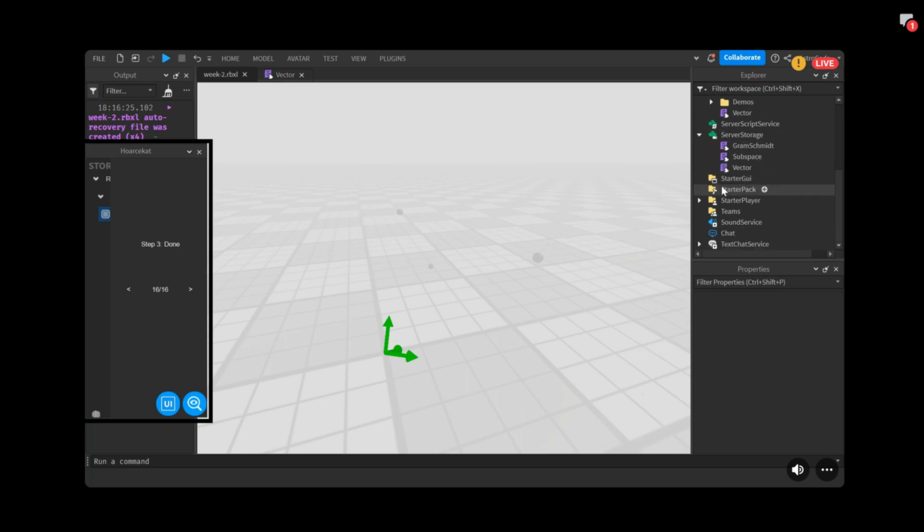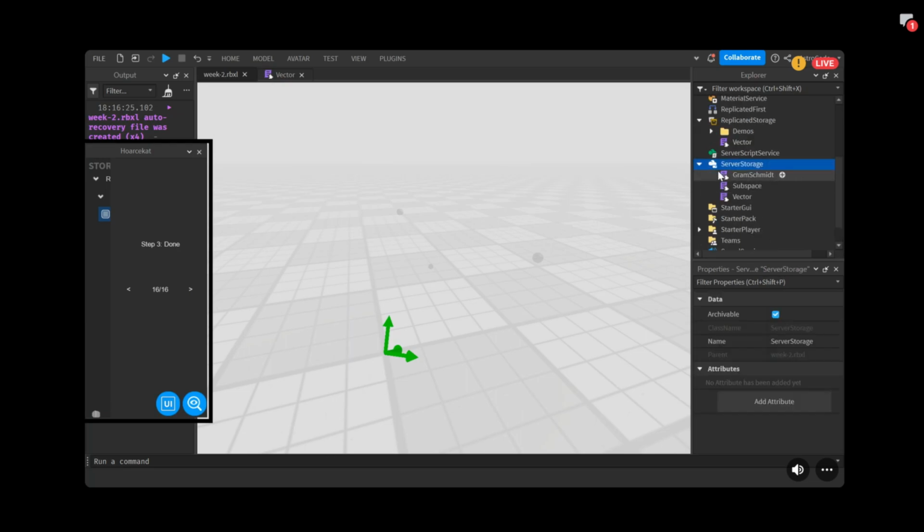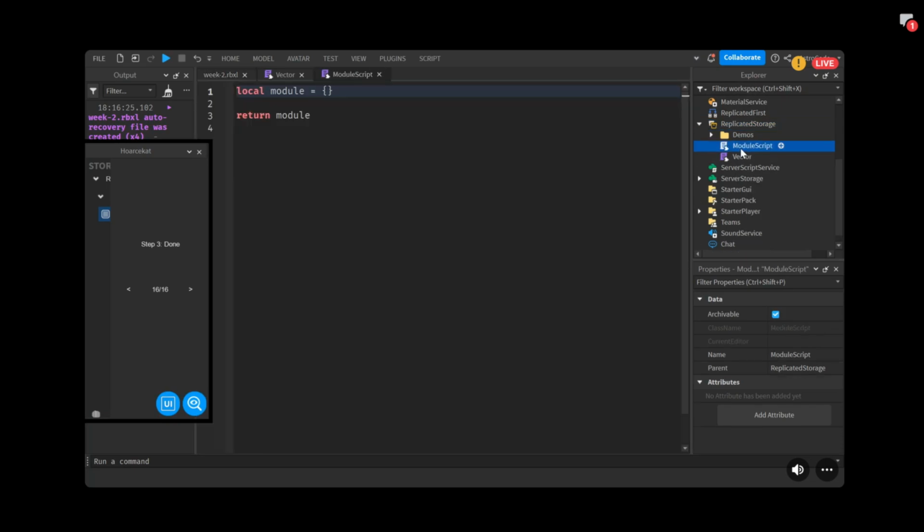All right, now let's code it. Oh no. All right, let's start with a new Gram-Schmidt method. And we're probably going to need vector. Yes, we're going to need vector.